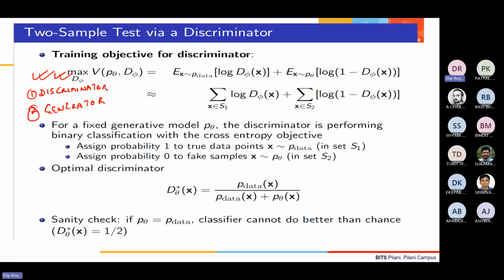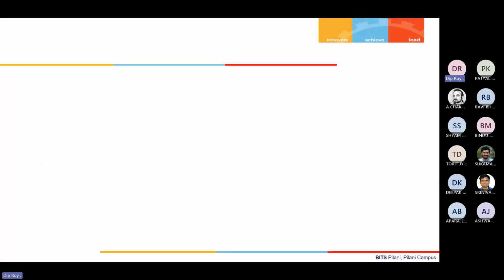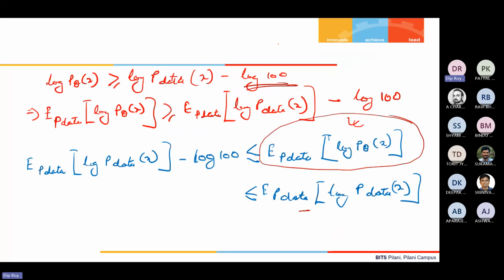No. If you have been following the first part of my lecture, what did I say? This is a case which we proved: great test log likelihood, poor samples. Now remember one thing.